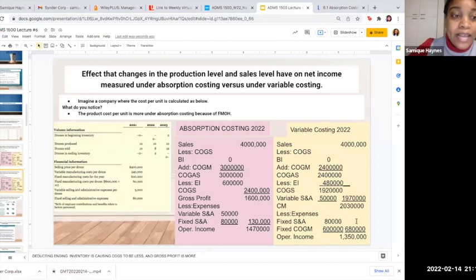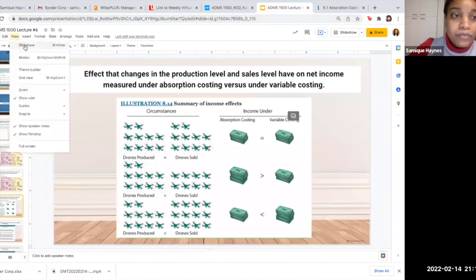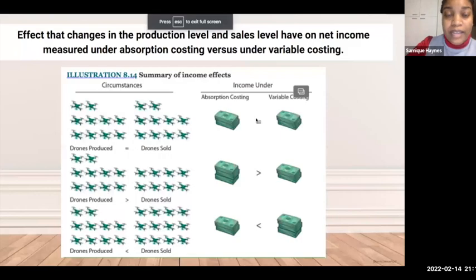If you end up selling more than you produced, then your variable costing income statement will be more than your full or absorption costing one. And this is what you're going to see in this table right here. Okay? It's all because of ending inventory.